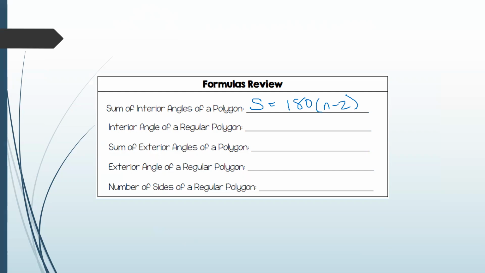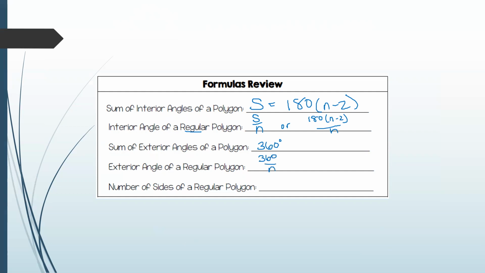One interior angle of a regular polygon was the sum of the angles divided by the number of angles, or I like to call that 180 times n minus 2 divided by n. Your sum of exterior angles will always be 360 degrees. The exterior angle of a regular polygon will be 360 divided by however many sides there are.